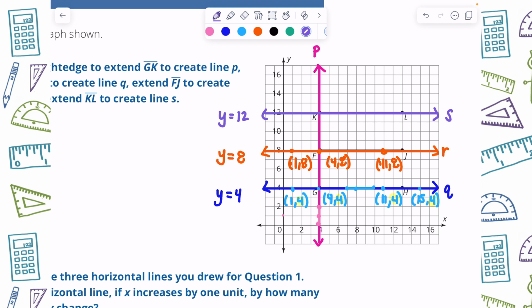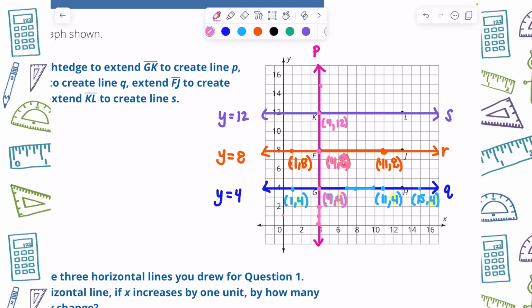Now let's look at our vertical line, so line P. Let's pick some points on line P. We actually already have a few. So we know this point here we said was 4, 4. We have this point here, which we said was 4, 8. Let's go ahead and just do this point here, which is the point 4, 12. And let's do one more.